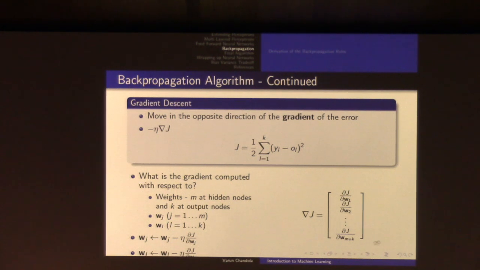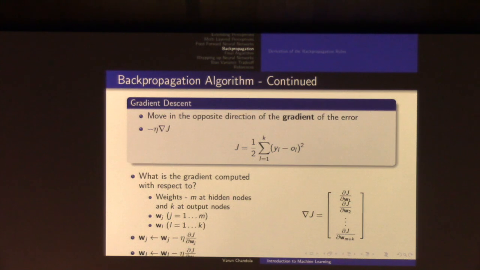We need to compute the gradient of J, which is our error function, with respect to all of these. We can simplify this, because these are all independent of each other. We can compute the gradient of J with respect to each of these weight vectors separately, and then just update them in gradient descent until we converge.